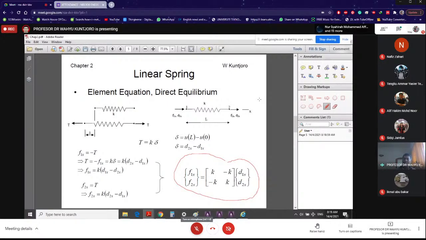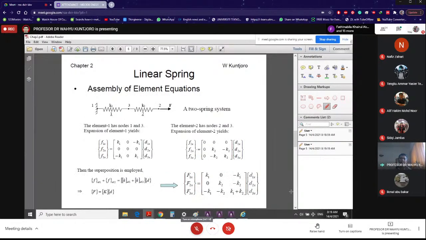And now we know that the contents inside the matrix K are going to be the value of the spring stiffness. So if spring stiffness is, for example, 50, K equal to 50 over here, then it is going to be 50, minus 50, minus 50, and 50. So that's what we have here.